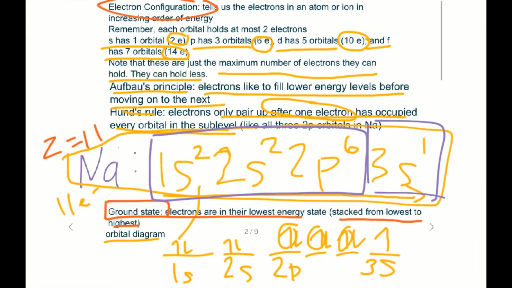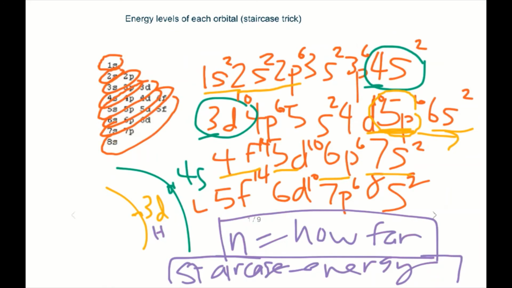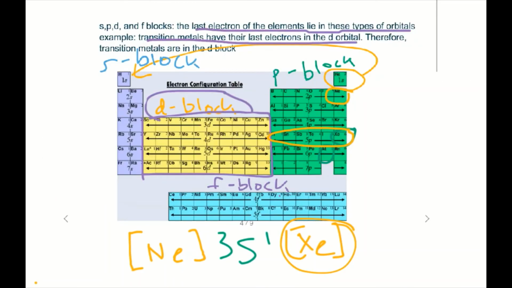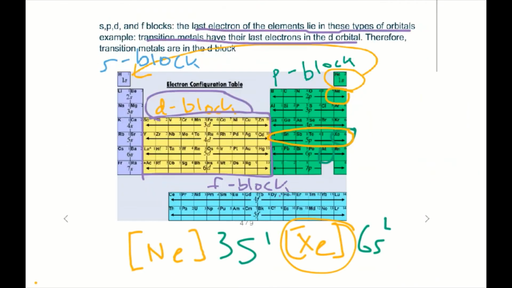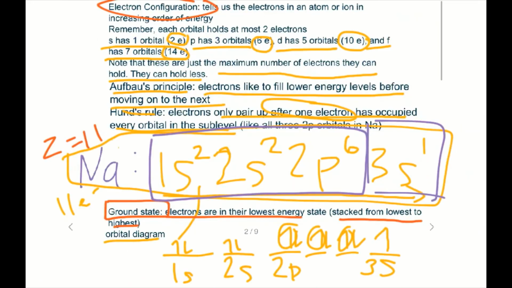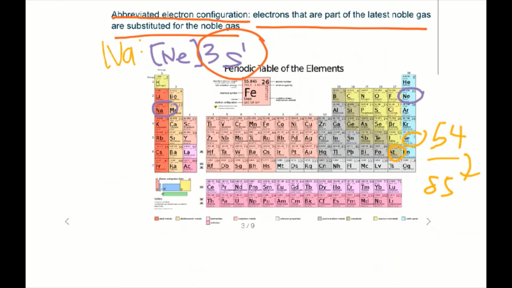So let's see how many more electrons we need to add to get to 85. So let's start off by doing the 6s2, which comes after 5p. So this would be 6s2. And after 6s2, we have 4f14. So let's write that, 4f14. And then after that, we have 5d10.